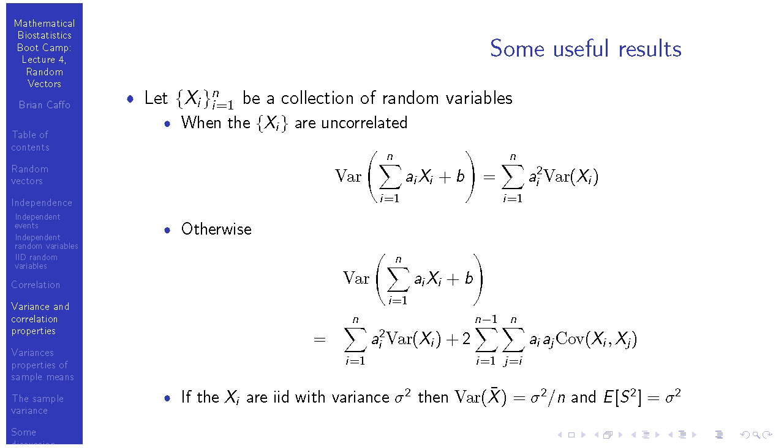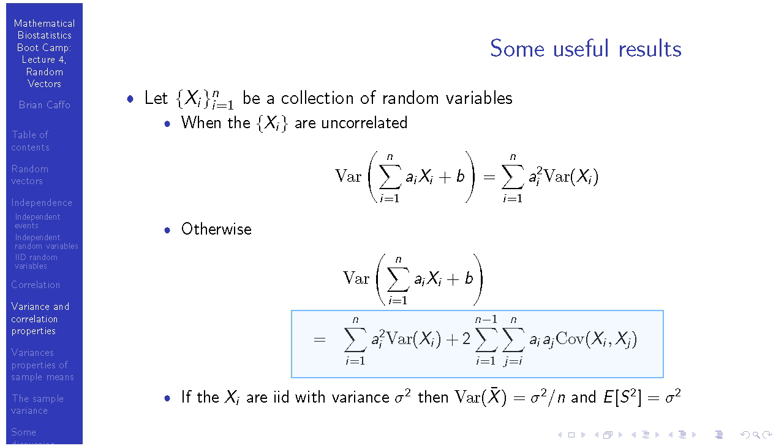If they're not uncorrelated, then you can actually calculate their variance in a way that depends on the covariance. It works out to be the sum of the variances with the ai squareds out front plus twice the sum of all the pairs of covariances. So this is a very useful formula. We won't use it in this class, but I thought I'd give it to you.